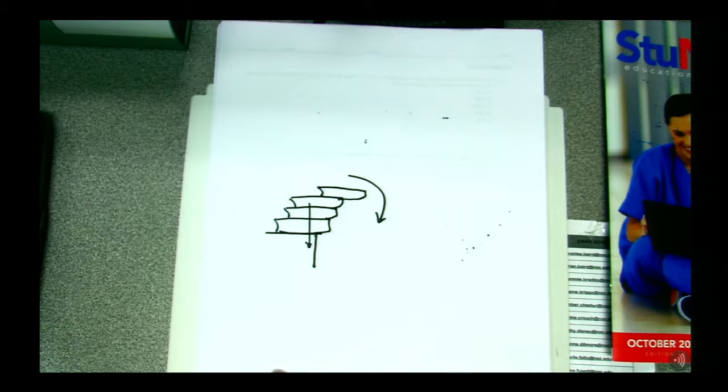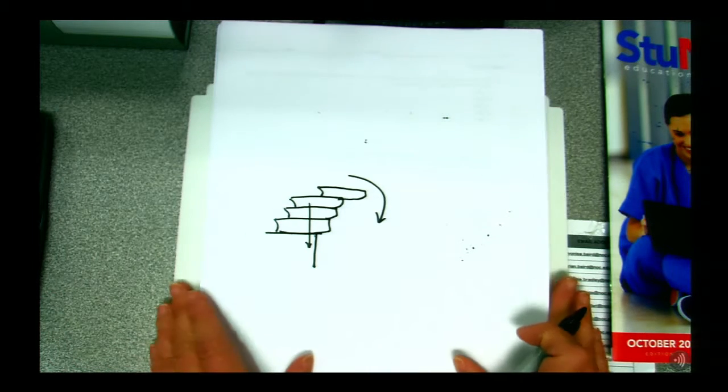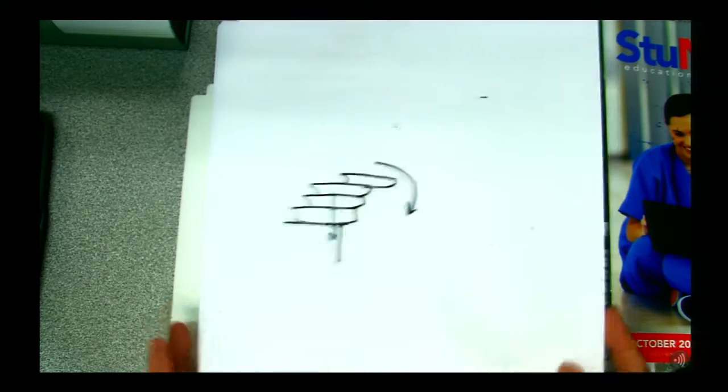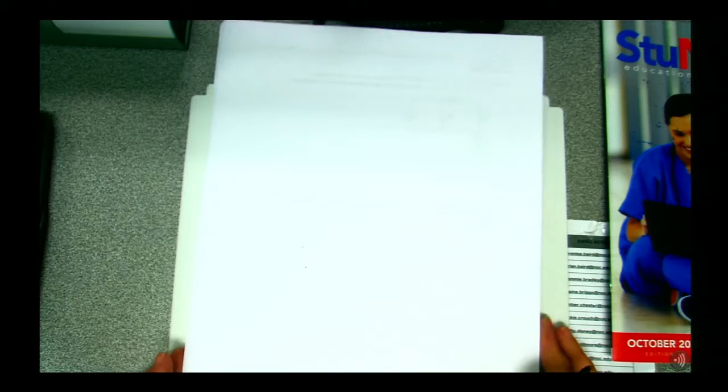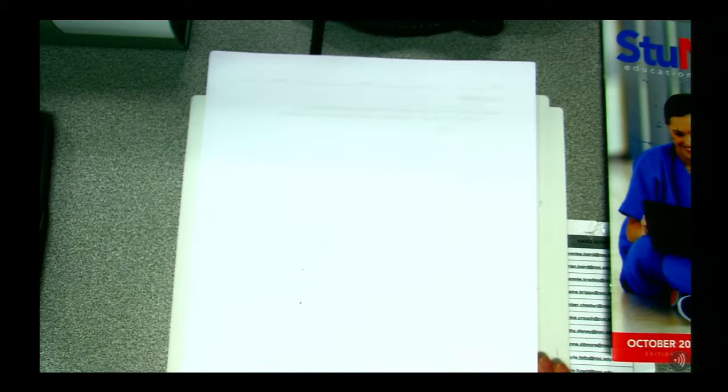So we can play with those centers of mass, which is why the center of mass becomes a real important piece. But let's look at our situation.